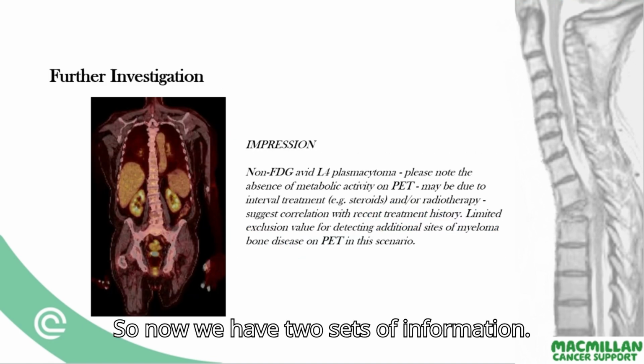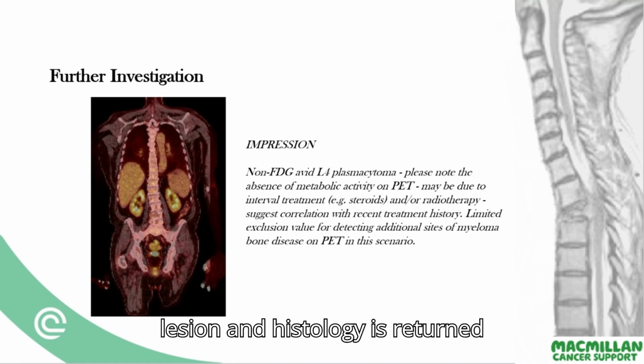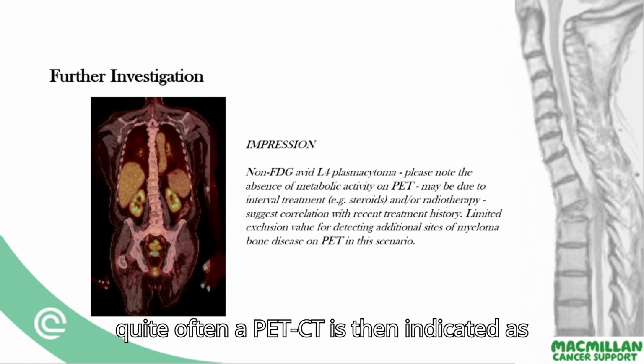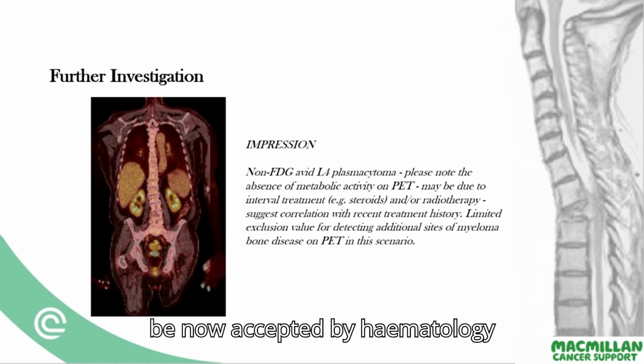So now we have two sets of information. The first is radiographically, this appears to be a solitary L4 lesion, and histology is returned suggesting this is potentially a solitary plasmacytoma. So quite often a PET CT is then indicated as part of the workup. So this patient will now be accepted by haematology.